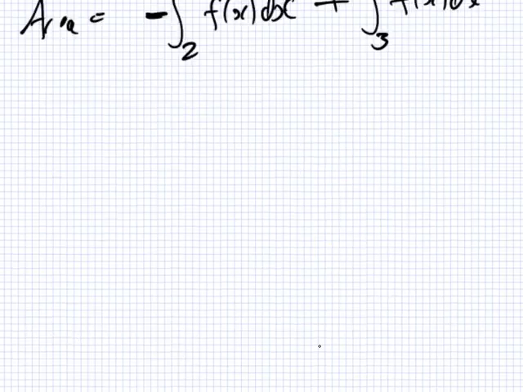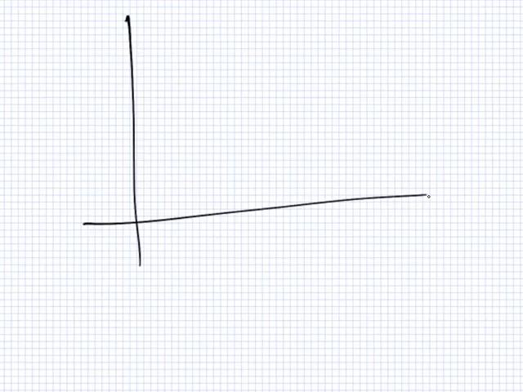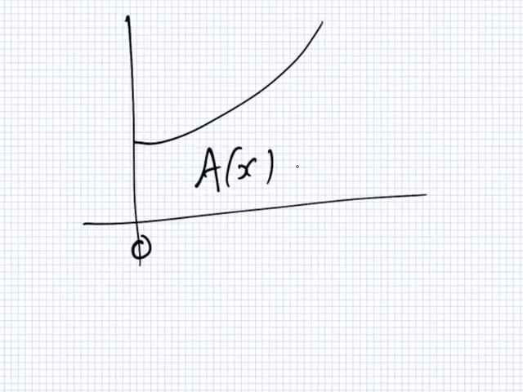Okay. Right, so just relax, stay calm, okay? So the first thing, again, I will call my A function the area from 0 to x. That stays the same. Got that?